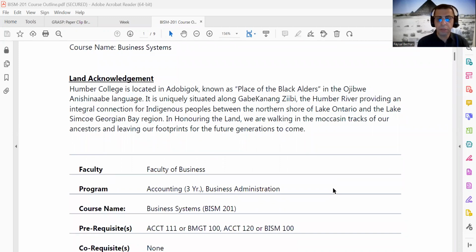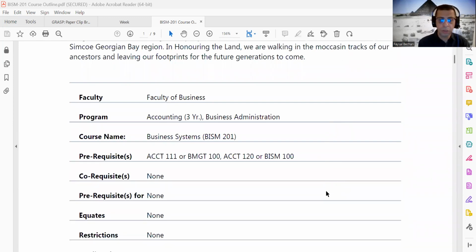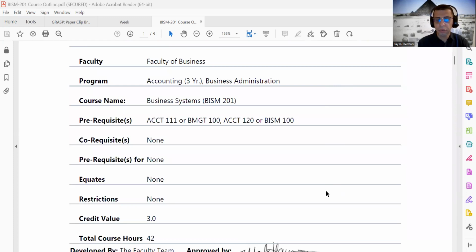The program is Accounting 3 years Business Administration, and the course name is Business Systems or BISM201. Prerequisite is Accounting 111 or PMGT 100, Accounting 120 or BISM 100. There is no co-requisite. The credit value is 3, and the total hours that we can spend is 42 hours together.